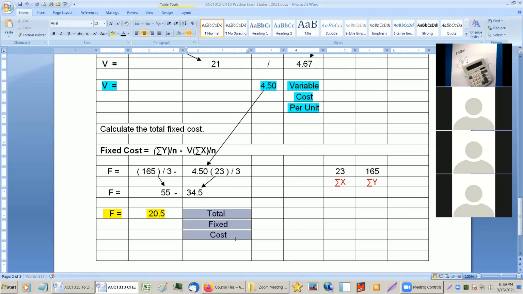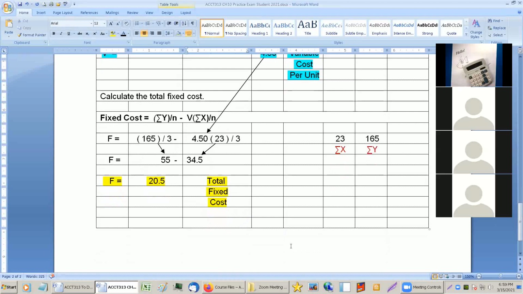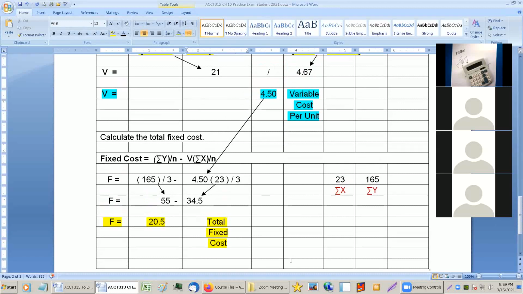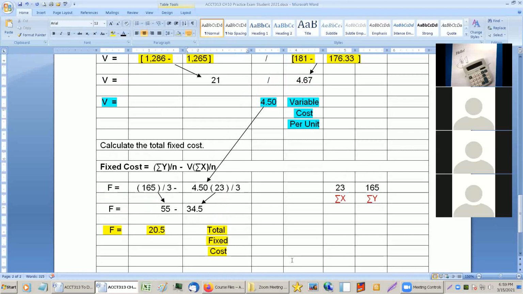And again, we're doing that this way because it's more accurate. Question on that?